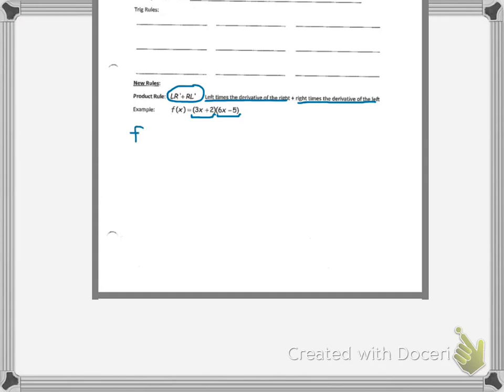So f prime of x equals left, just write down the left function, and it is in parentheses. You can tell yourself to take the derivative of the right function, okay, plus right.